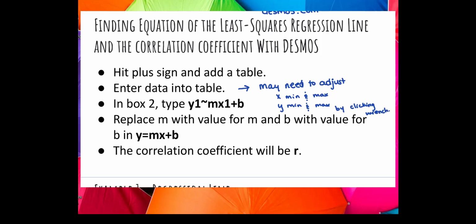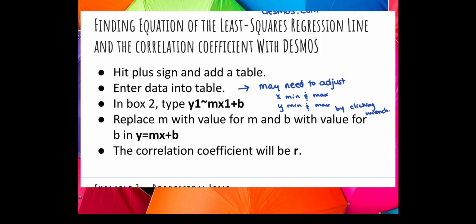And you would do that if you can't see any of those points being plotted. It's because the window is in the wrong location. You need to adjust the minimum and max x and the minimum and max y by clicking that wrench.